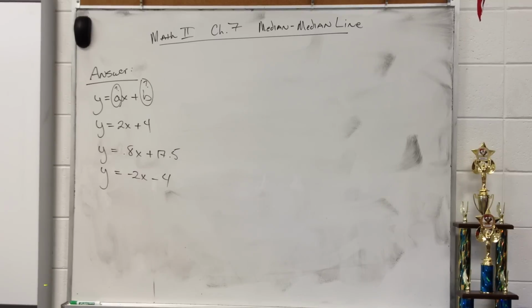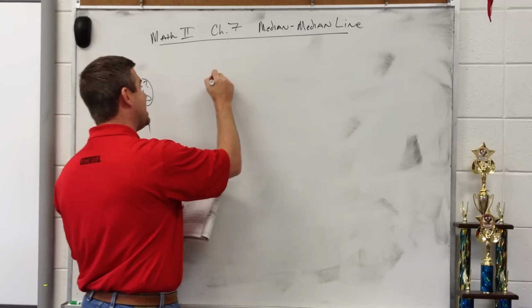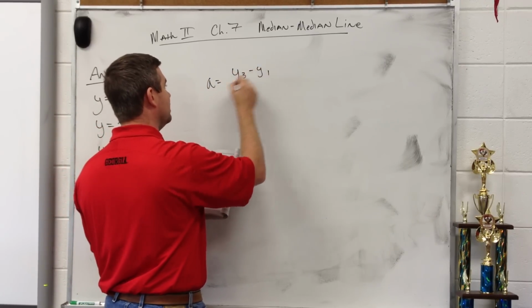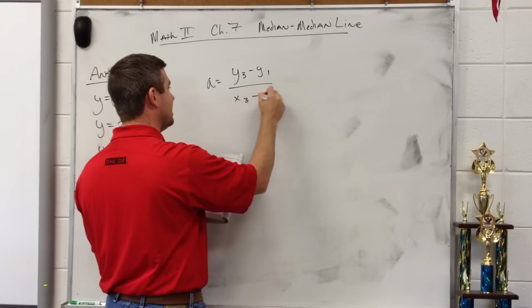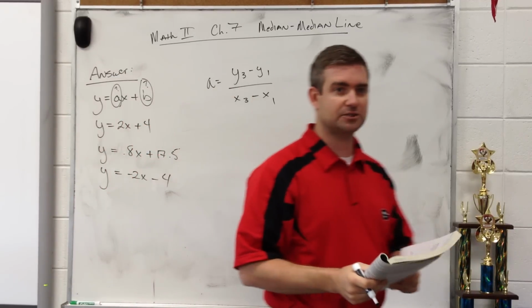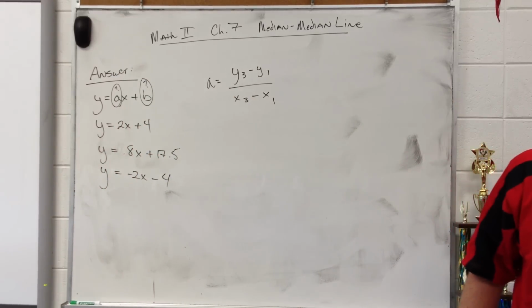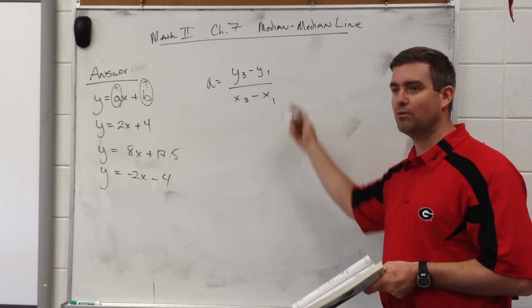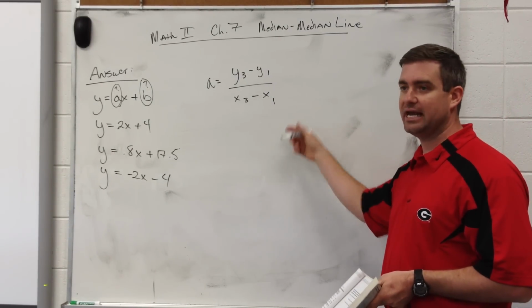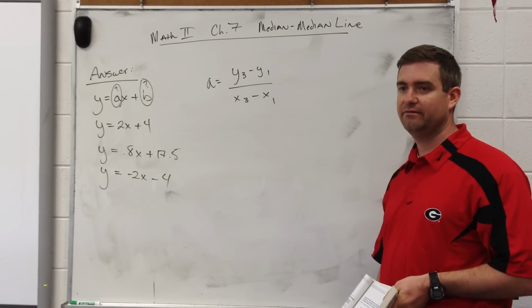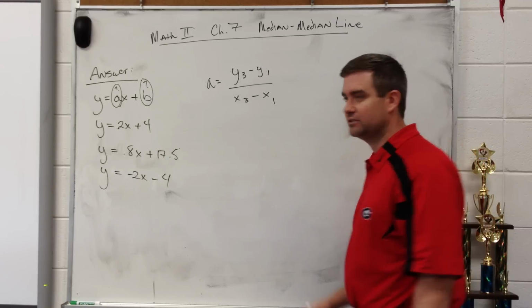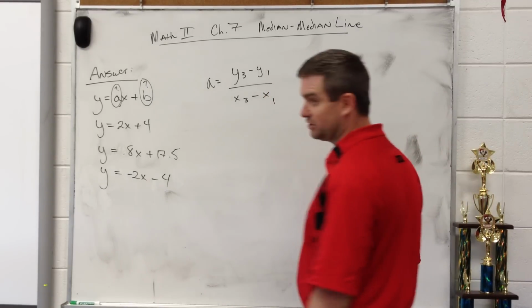We have formulas for both A and B. The formula for A is y3 minus y1 over x3 minus x1. I'll explain it later. There's a lot to explain here. But that's the formula for finding A. If I can find y3 and y1, and x3 and x1, then that's the formula for A. What does this formula kind of look like? This will help you remember because it's not on your formula sheet.